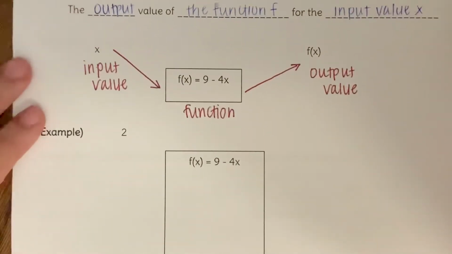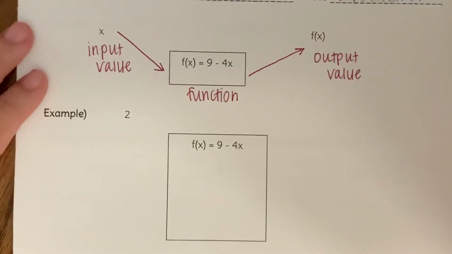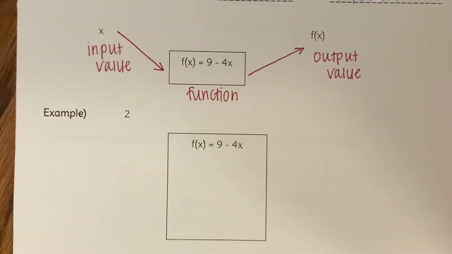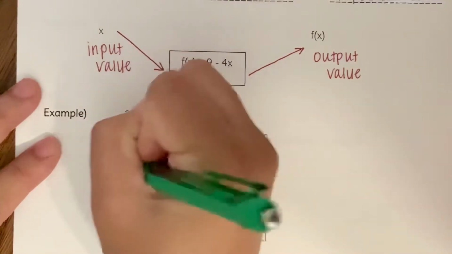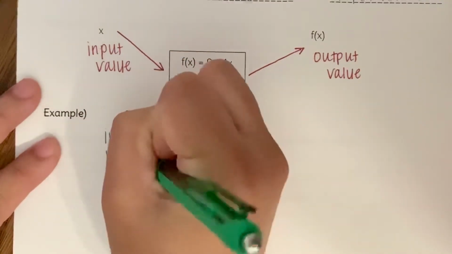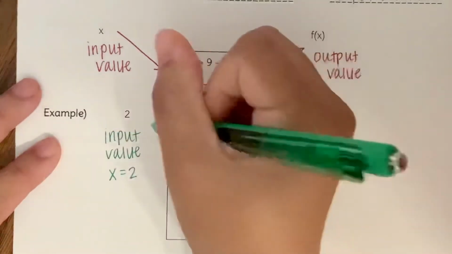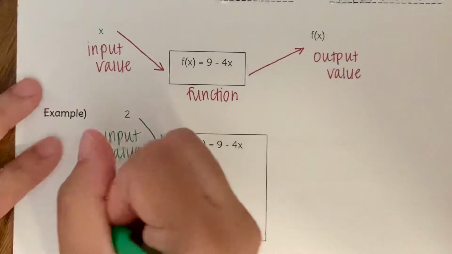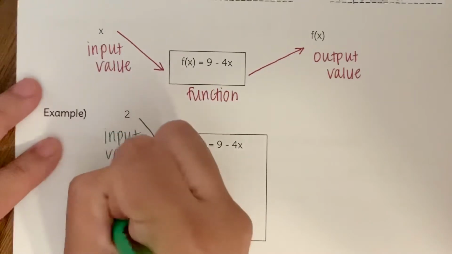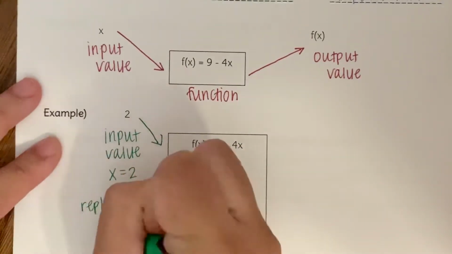So let's see an example. So let's say I have an input value of 2. All that means is that my x is going to equal 2. I'm going to input that into my function. So when I input it into my function, I'm just going to go ahead and replace all of my x's with 2.